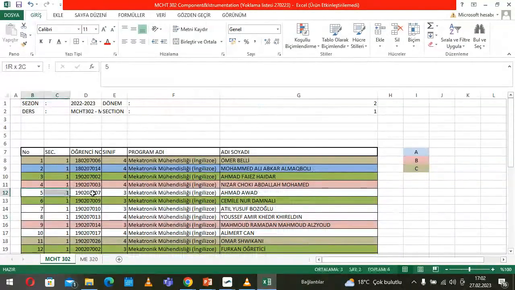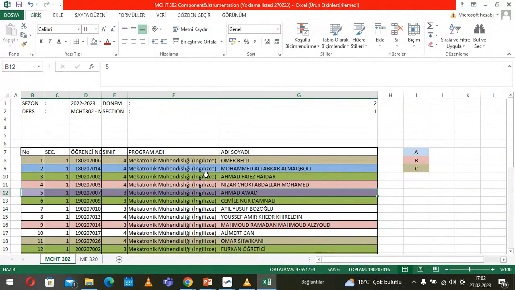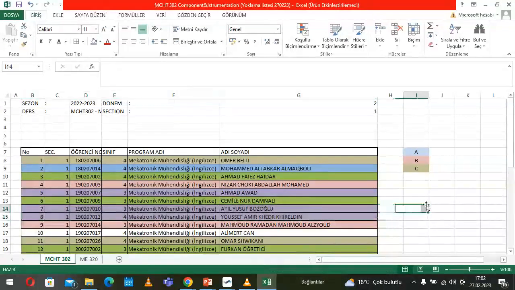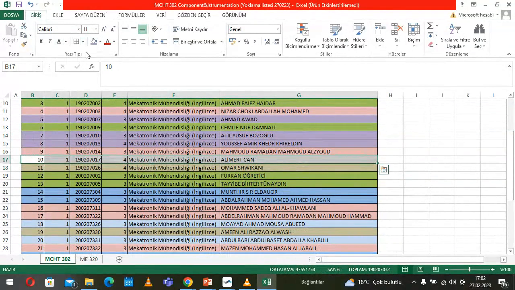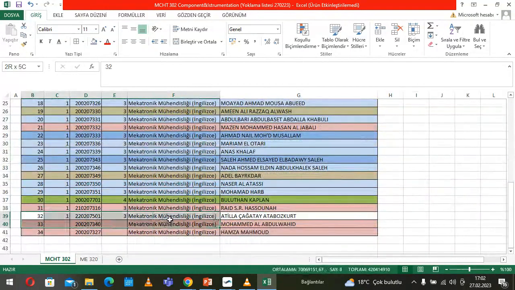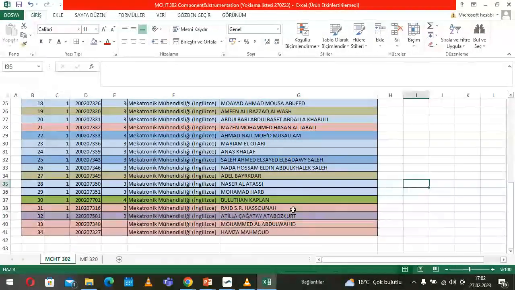Then let's do it, one in a color. So this is the group.